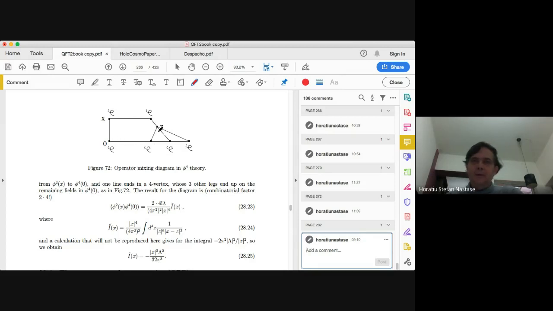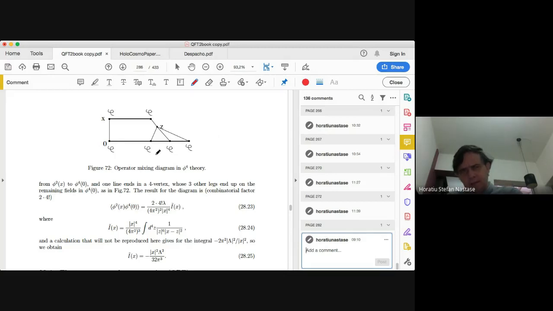Then the remaining one I connect here. And then I have 3 possibilities for connecting the one here with the remaining 3, and 2 possibilities. So I get 4 factorial.